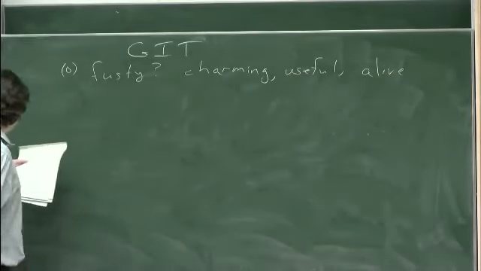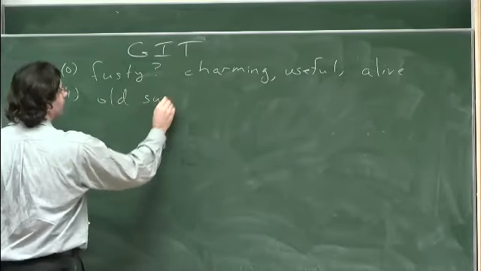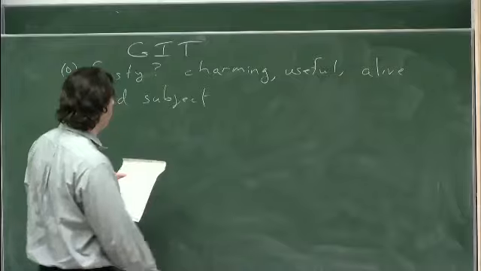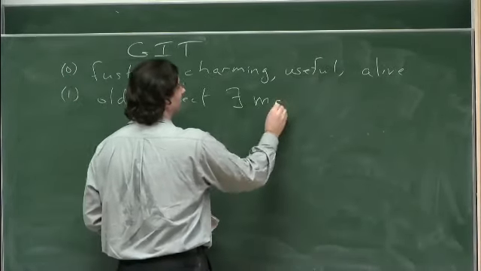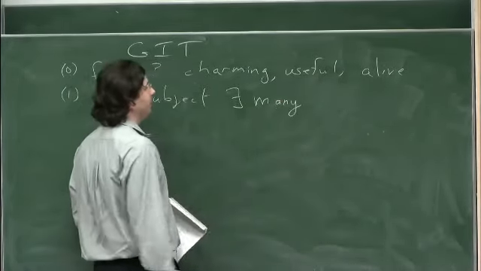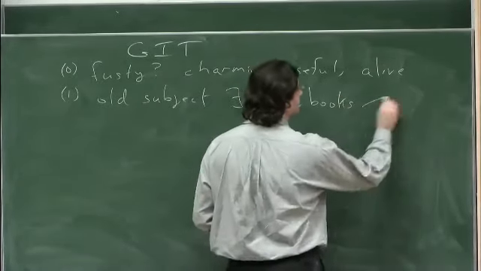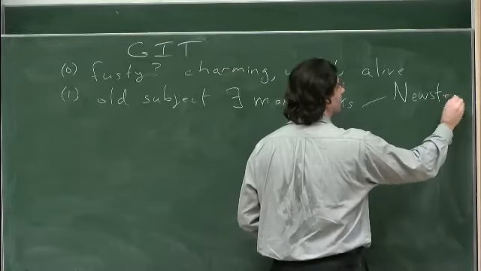All right, the second is that because this is an old subject, we have the good fortune that there are many books on the subject, and so in a sense that means that doing too much introductory material would be redundant. For the purposes of the young, again, let me mention a couple books. There's of course the classic by Newstead.